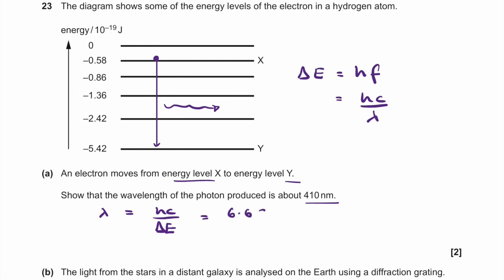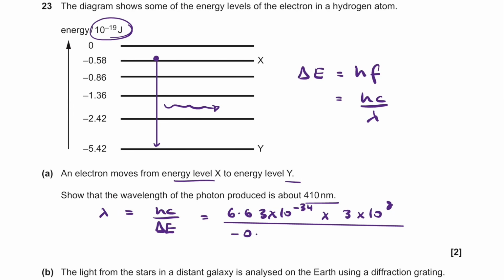So 6.63 times 10 to the minus 34 times the speed of light, divided by the energy gap, which is nicely given in joules, and that would be from minus 0.58 to minus 5.42 times 10 to the minus 19 joules, and that gives me a value of 4.11 times 10 to the minus 7 meters.